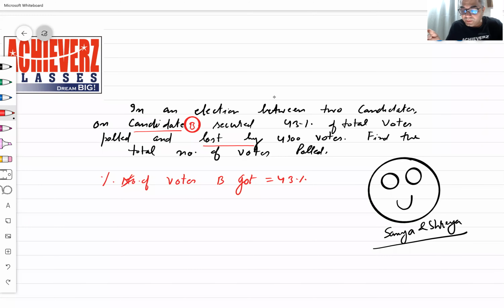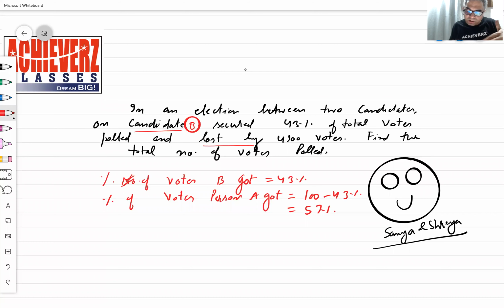Now total votes would be 100%. So the percentage of votes for the other candidate, the winning candidate, person A, would be 100 minus 43%, that means 57%. Now 57 plus 43 is 100. So the person who won got 57% votes and the person who lost got 43% votes.